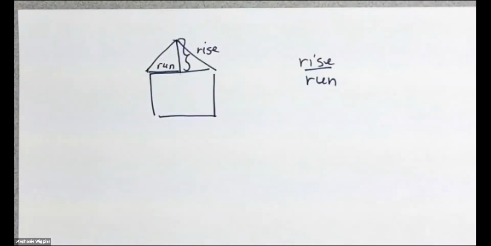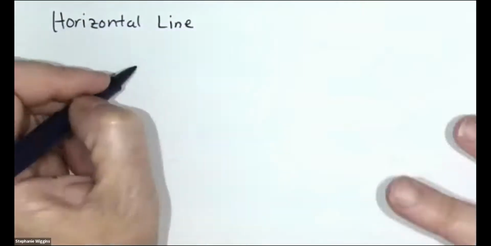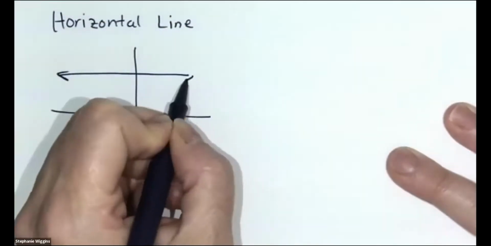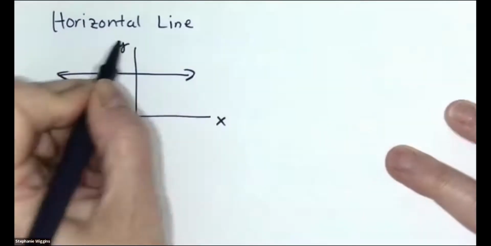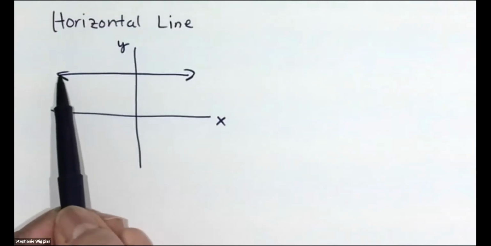Oh, and I should mention something about horizontal lines. Let me do that real quick. A horizontal line is a function. It's a constant function because the height never changes. The height is level.